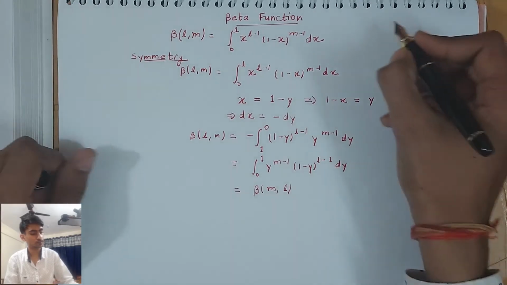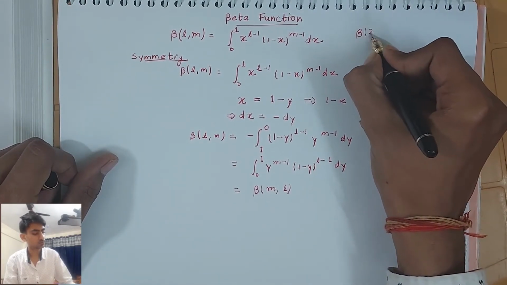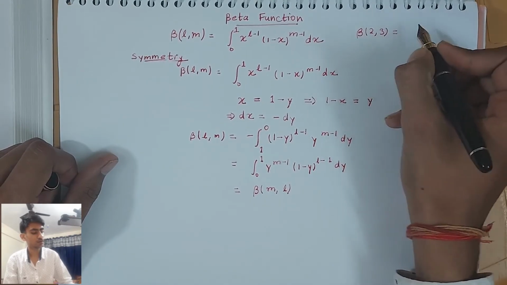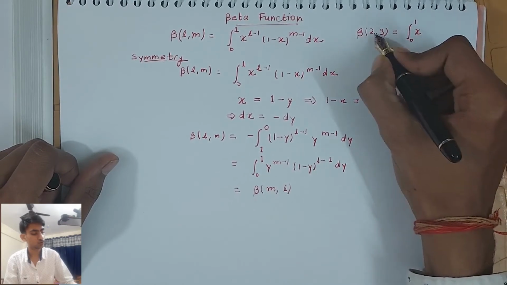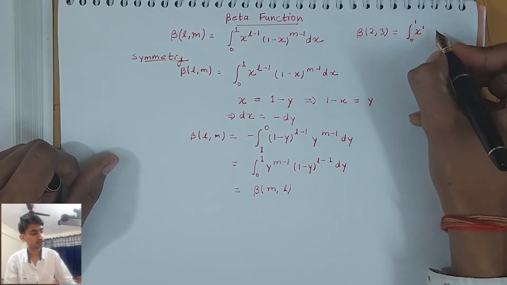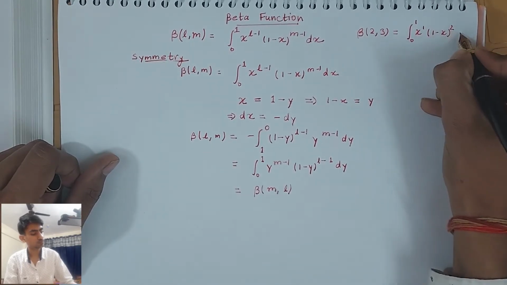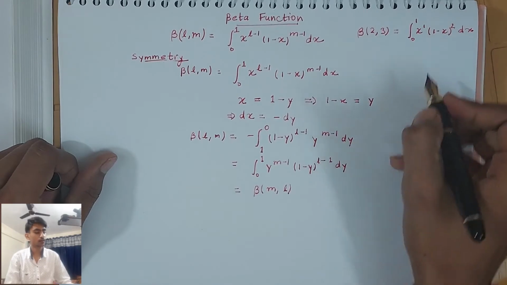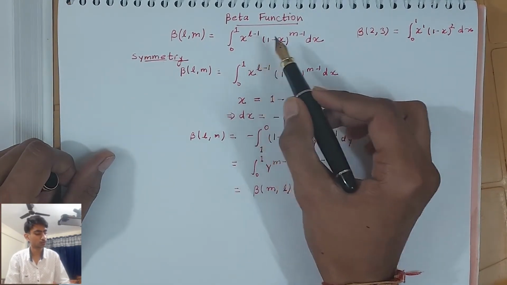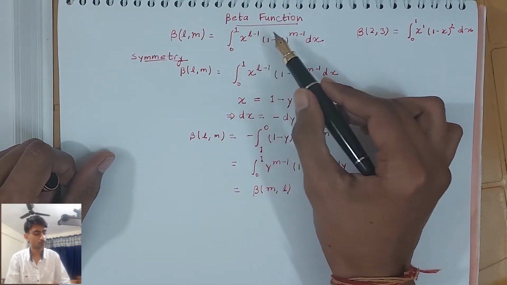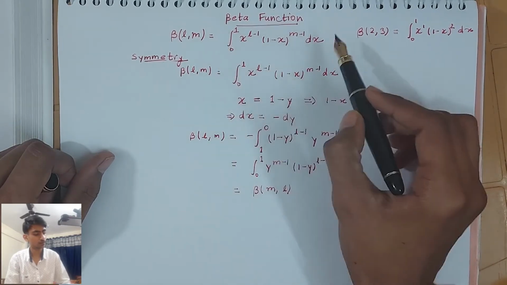Or if some question is given to you, say beta of 2 comma 3, you can write it like integral from 0 to 1, x to the power 2 minus 1 would be 1, and 1 minus x to the power 3 minus 1, that is 2, dx. This is what you will write if by definition you would see x to the power first argument minus 1, 1 minus x to the power second argument minus 1.